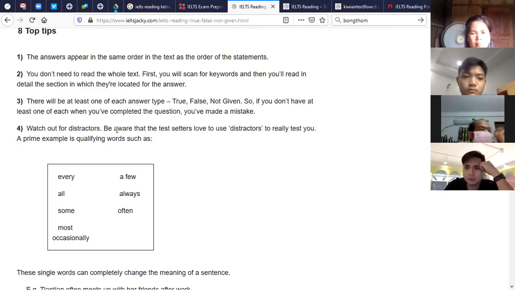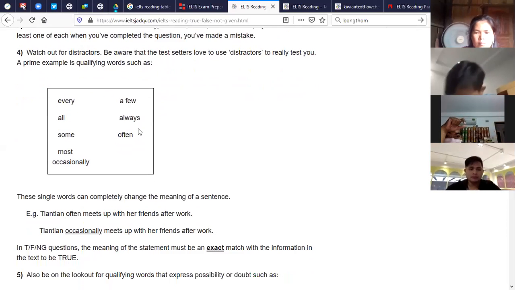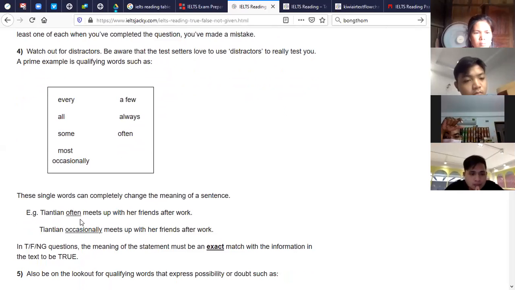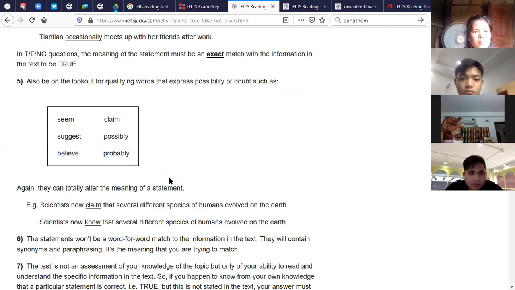And here, watch out for distractors. Sometimes, like what we said earlier with adverbs of frequency, they put often, but it's actually occasionally, stuff like that. We had this already, exact same meaning. Sometimes they change the verb. The sentence might say claim, but they put know.